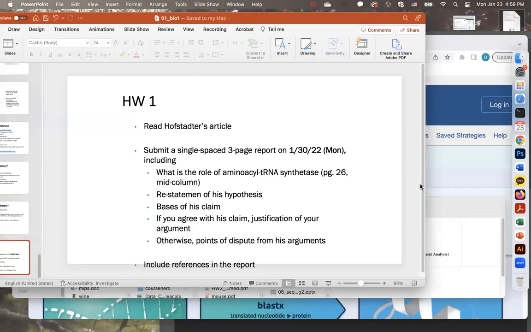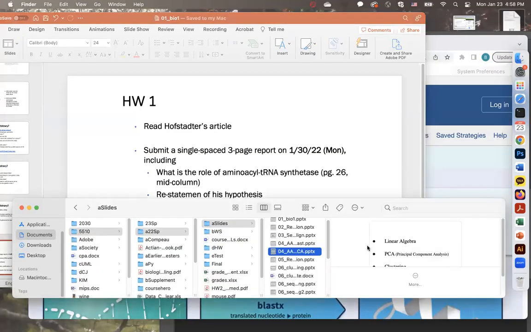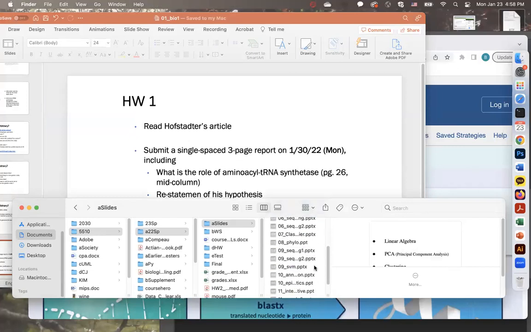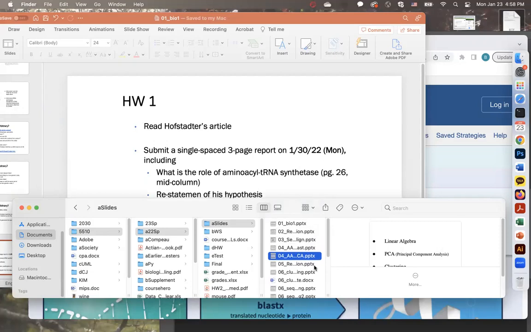Got it. Sequencing. Got it. Yeah, I'm sure it'll come up.